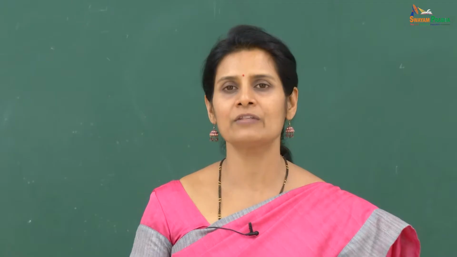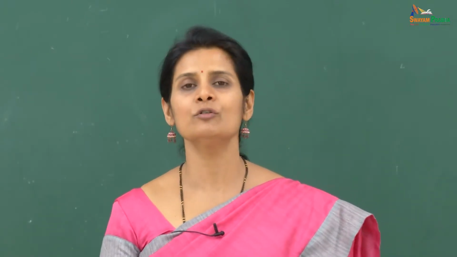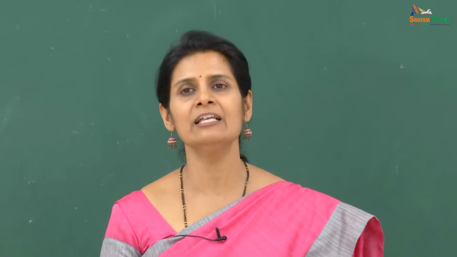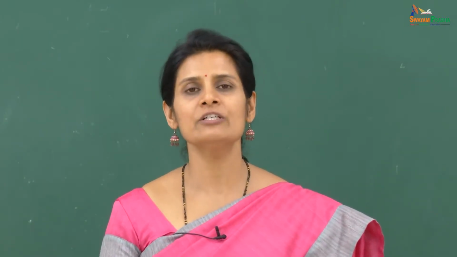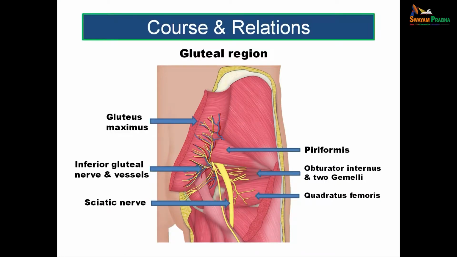below the piriformis. Here, it will be lying between the posterior femoral cutaneous nerve of the thigh and the nerve to quadratus femoris. Medial to the sciatic nerve are the inferior gluteal vessels and nerves. It is covered superficially by gluteus maximus, which is the muscle lying deep to the deep fascia in the gluteal region.